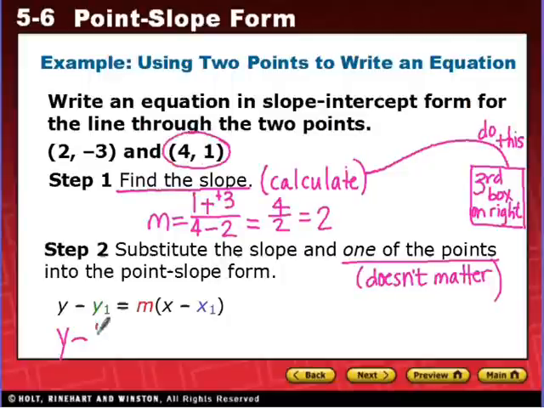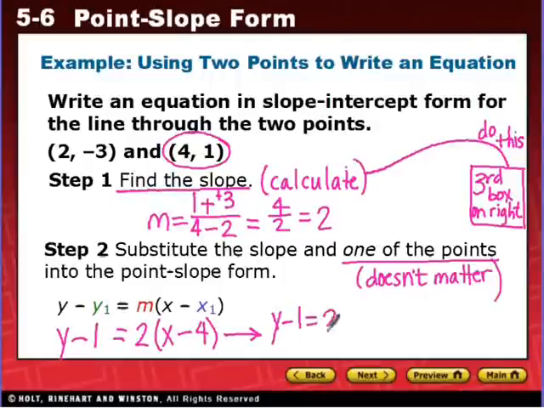So my y value is 1. M, we calculated as 2. X minus x1 is 4. And then I'm going to distribute. I should be working down, but I don't have room. Y minus 1 equals 2x minus 8. Add 1 to both sides. And we get our final answer. Y equals 2x minus 7.